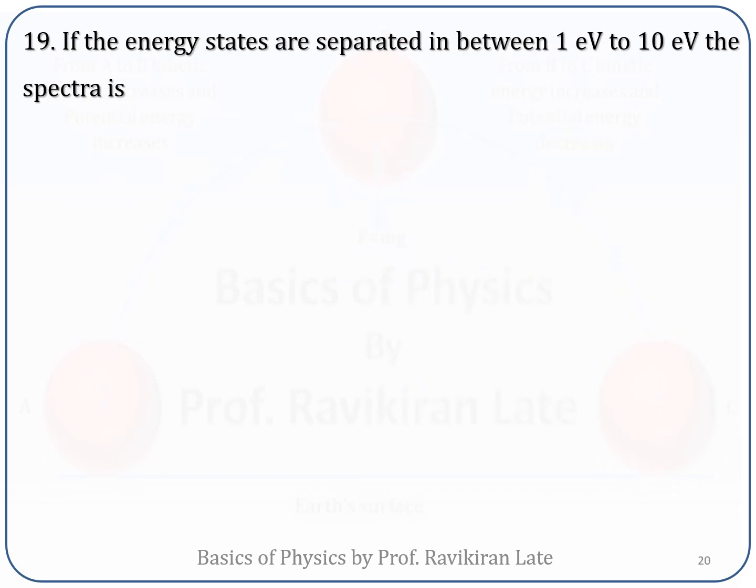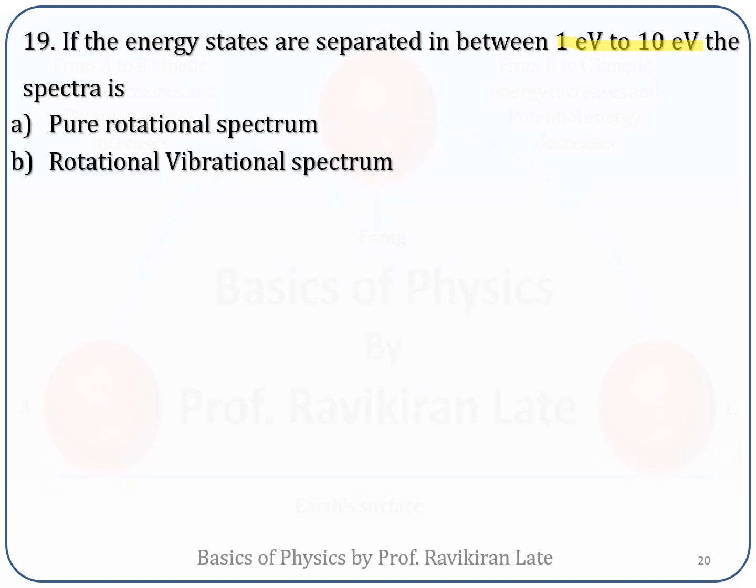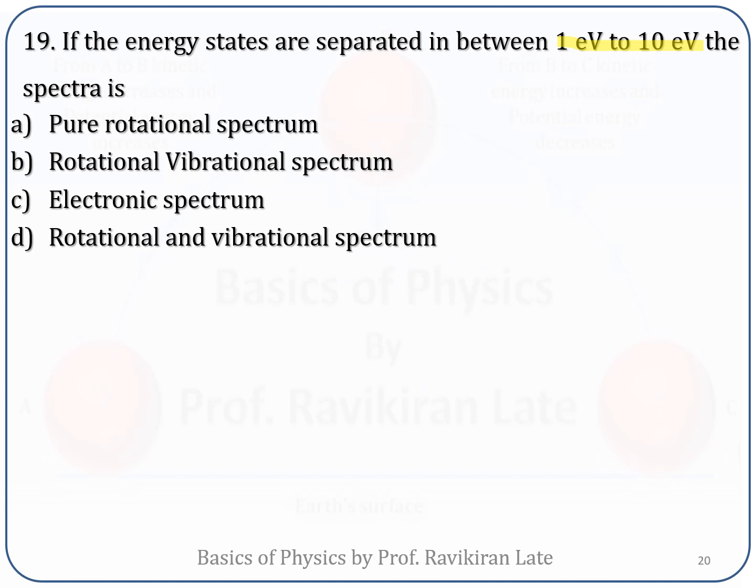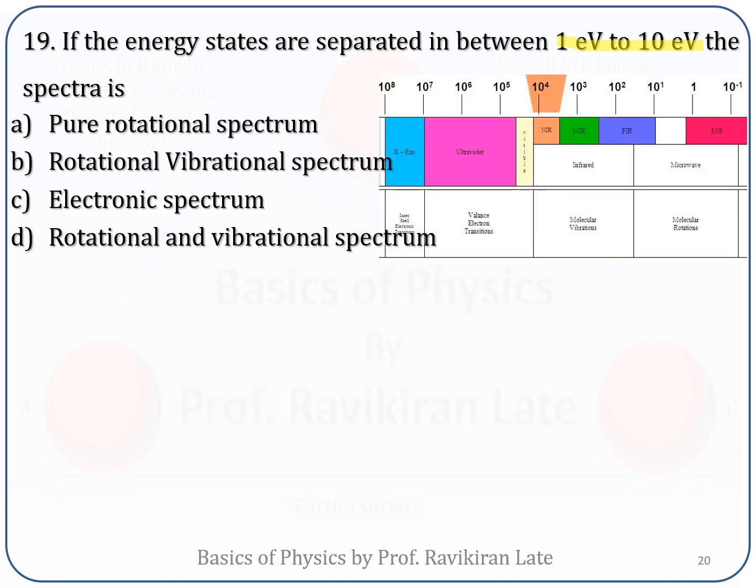Now the next, 19th question is, if the energy states are separated by 1 electron volt to 10 electron volt, the spectrum is: option A pure rotational spectrum, option B rotational vibrational spectrum, option C electronic spectrum, option D rotational and vibrational spectrum. Now we have seen the electromagnetic spectrum. It consists of gamma rays, X-rays, ultraviolet rays, visible rays, infrared, microwaves, and radio waves.